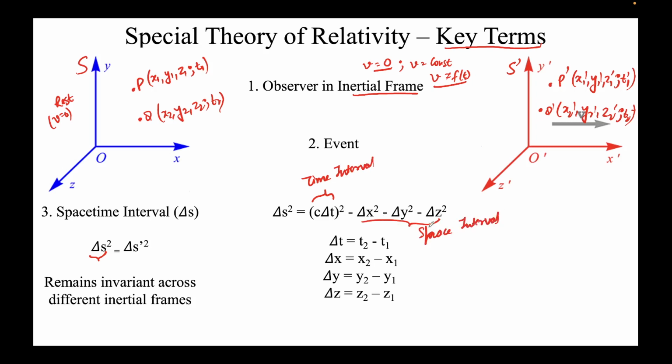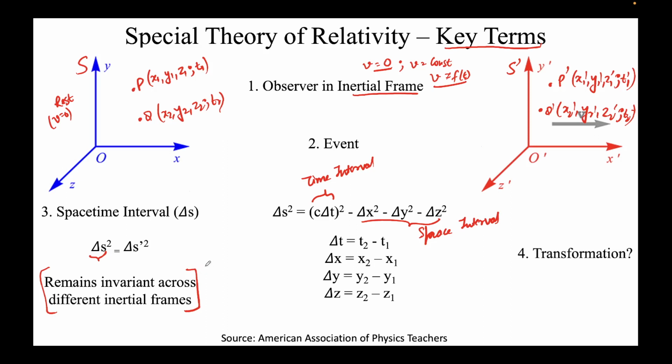Hence the difference of time interval with space interval, the square root of that, will be the space-time interval. Note here the square is here. So that's what space-time interval is. The key thing to note is that the space-time interval remains invariant across different inertial frames.